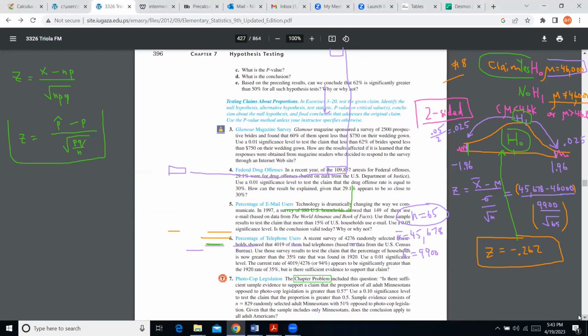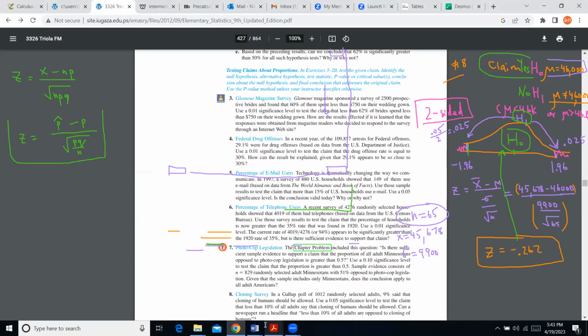So let us do the problem and see that it's really going through exactly the same process, but utilizes proportion rather than the average. I'll try exercise number 3 here, that talks about a survey that has 2,500 brides.